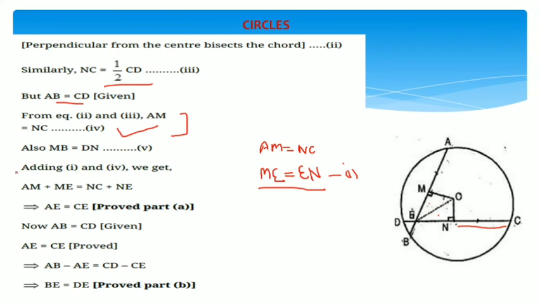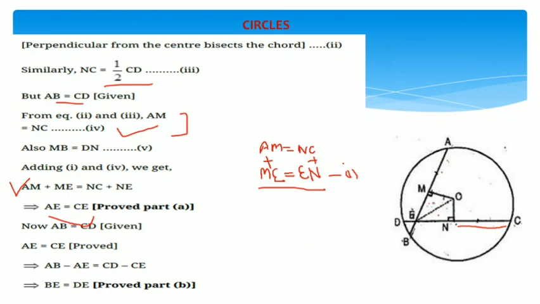Now we are going to add them. AM plus ME becomes AE. Similarly, NC plus EN becomes CE. So we will get the result AE equal to CE.